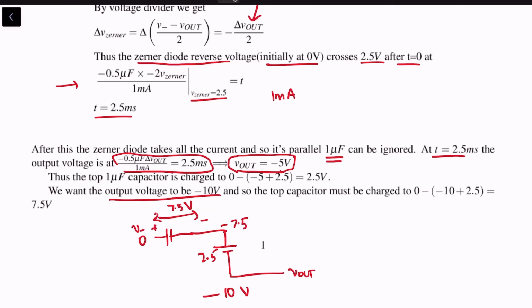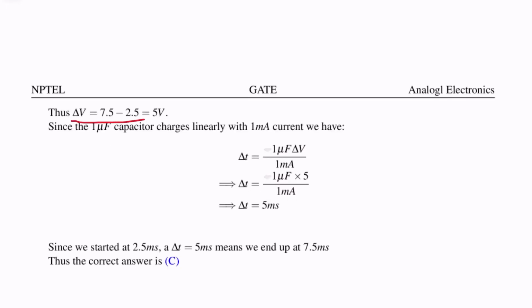The charging current is still 1 milliamp. The capacitor starts at 2.5 volt and must charge up linearly to 7.5 volt, so it must have a delta V of 5 volt. A 1 microfarad capacitor is charging up linearly with 1 milliamp current with a delta V of 5 volt.